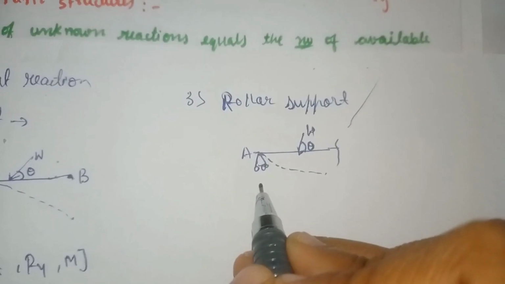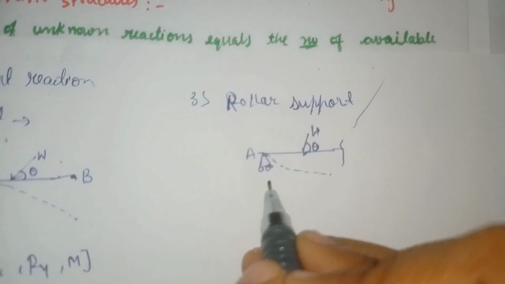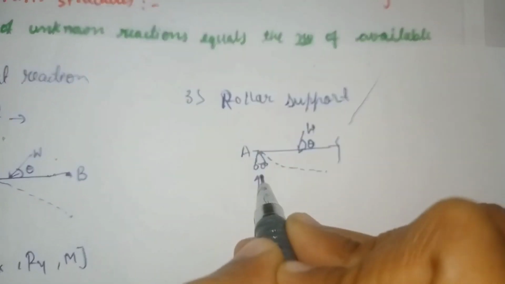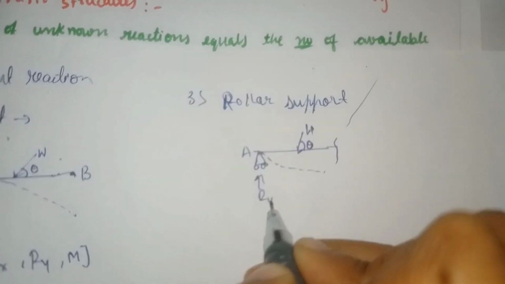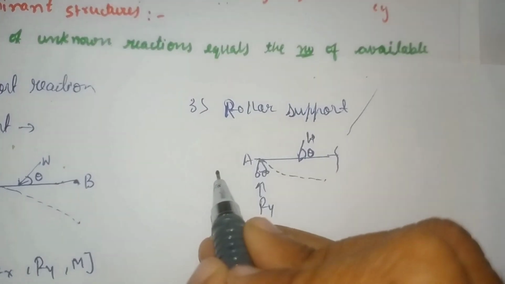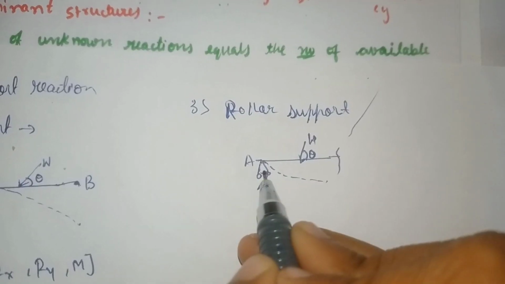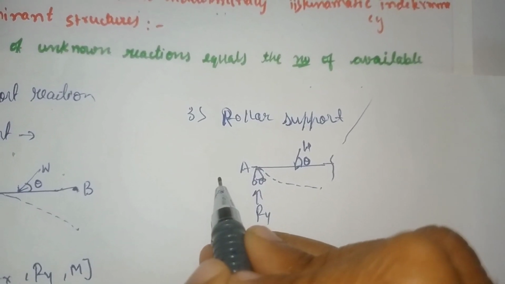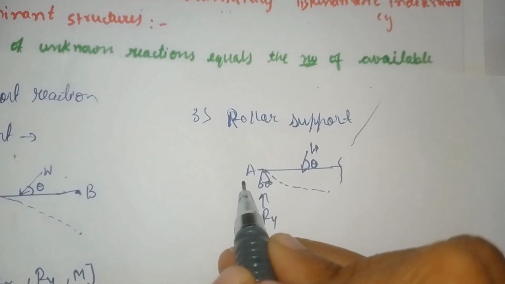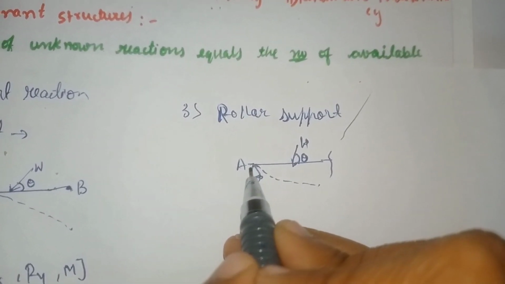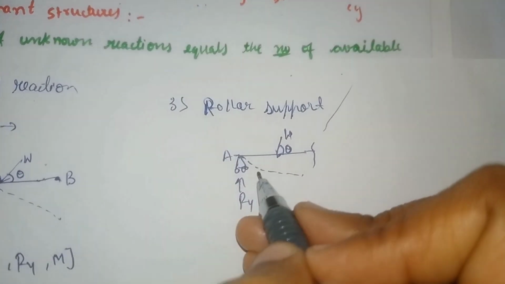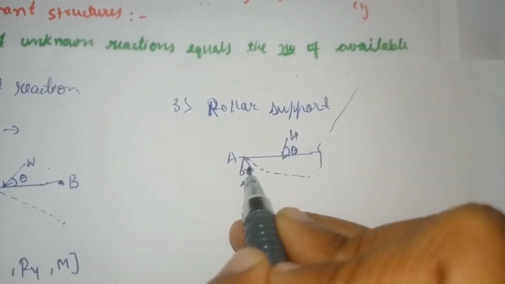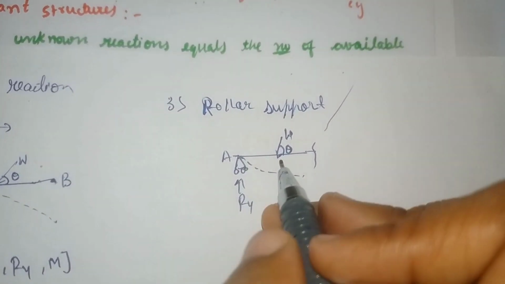So when it comes to vertical there is no displacement, it restrains the displacement though, so that formation of reaction will take place in vertical direction, we call it as Ry. So when it comes to horizontal, the horizontal movement will take place here, so that the formation of horizontal reaction will not exist in case of roller support, because it does not restrain the horizontal displacement.